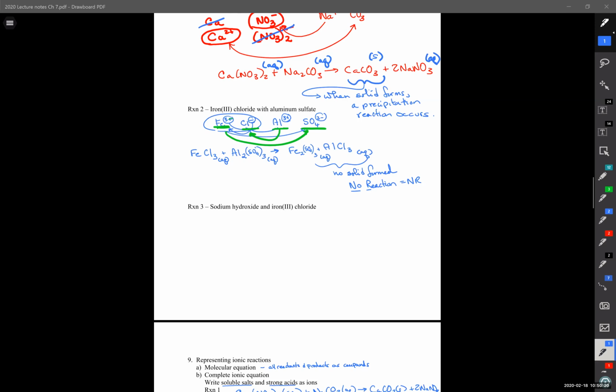So that's sodium, that's hydroxide, that's correct. This is iron, this is chloride. So when you write the formula, you balance: take 3 pluses and put 3 minuses.